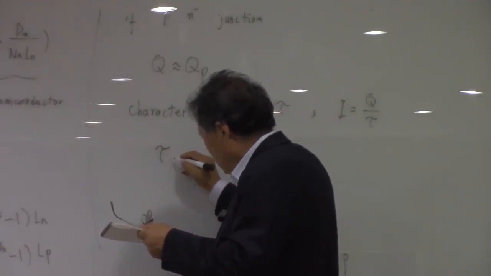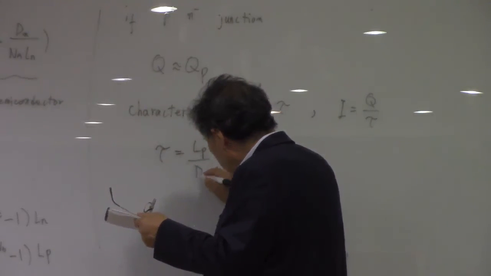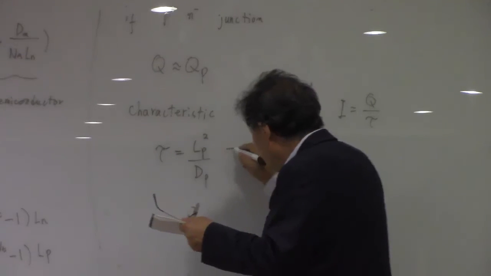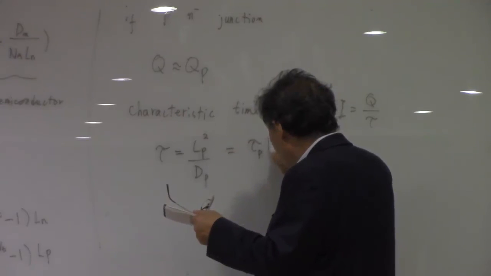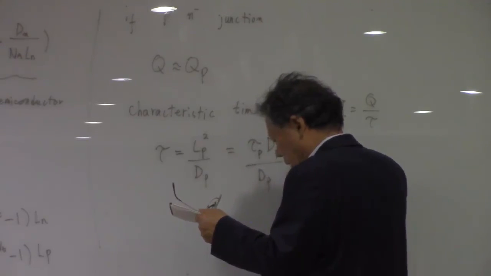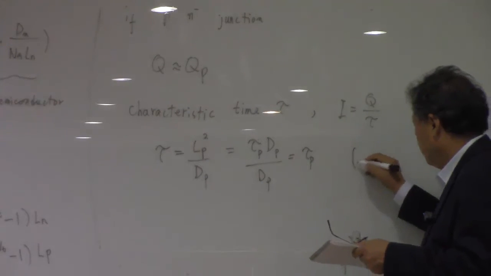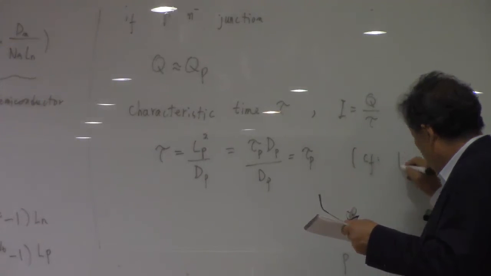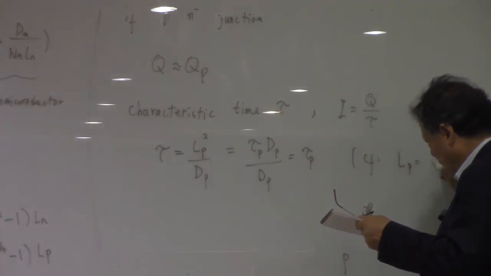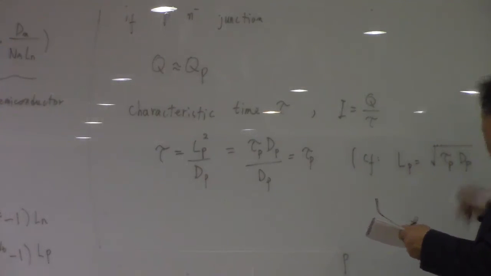Then this tau is derived like this: tau p is Lp squared over Dp, so that is tau p. Here Lp, the diffusion length, is square root of tau p Dp. Okay.